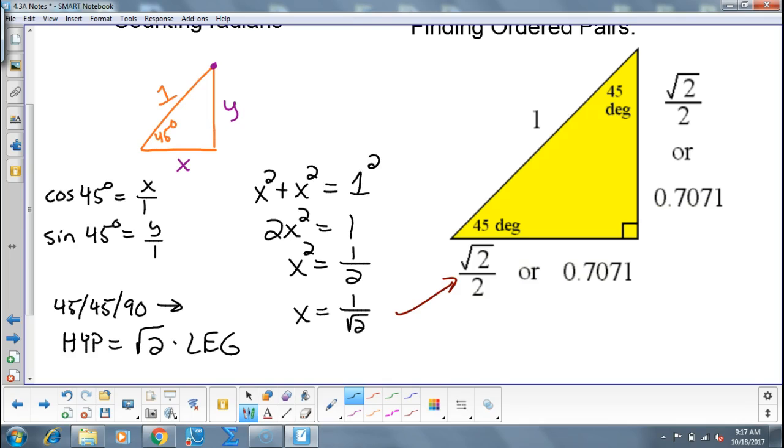Or that the leg is the hypotenuse divided by the square root of 2. So then that would put you here, which then when you rationalize it, puts you there.